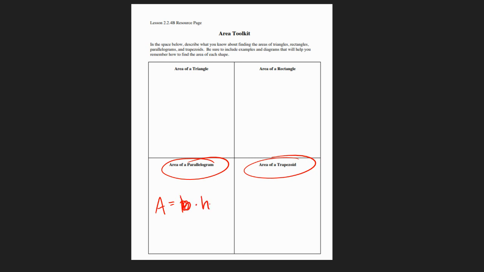Base times height. Let me redo that quick. Base times height. And then trapezoid is the height, and then parentheses B1 plus B2 divided by 2. If you want to write that B1 equals base 1, B2 equals base 2, you can do that as well. And from the next slide, if you want to draw an example of what each of the shapes look like with where the H comes from, where the B comes from, you can do that too.